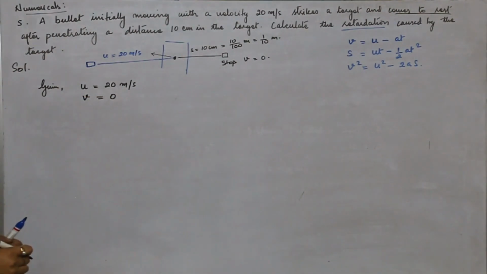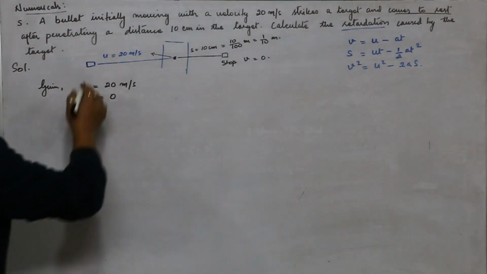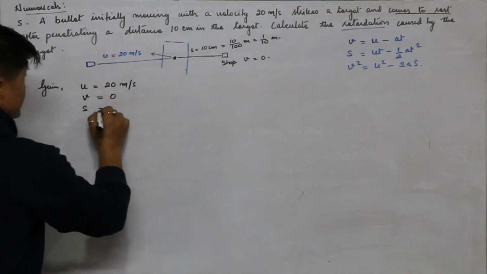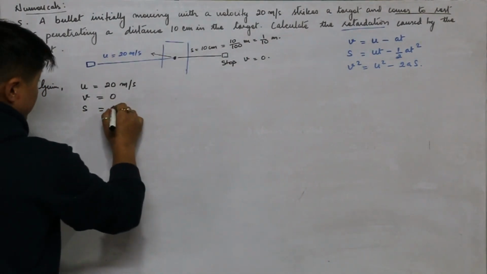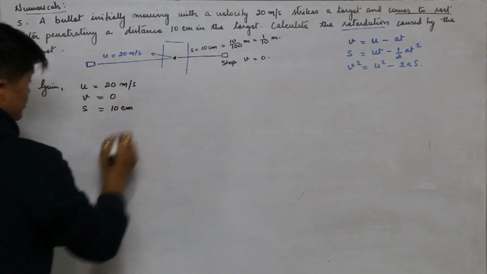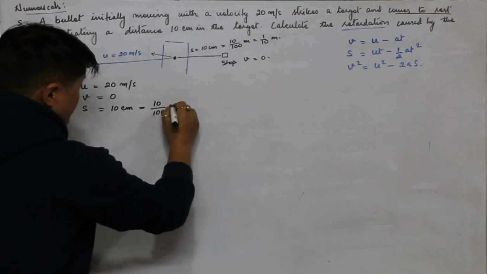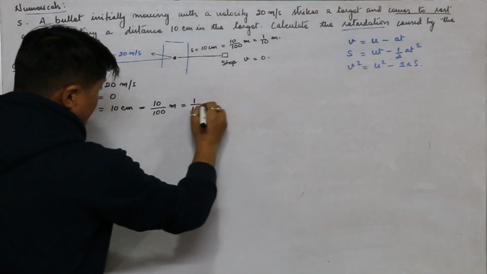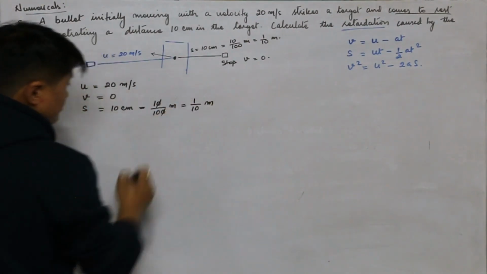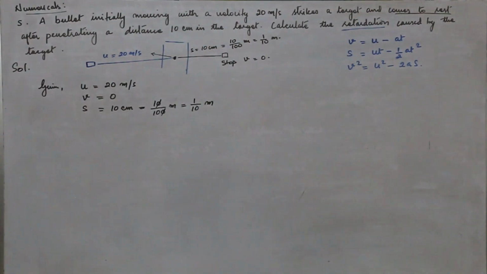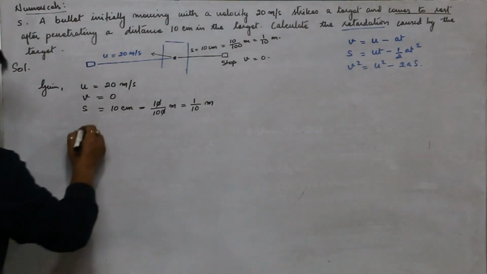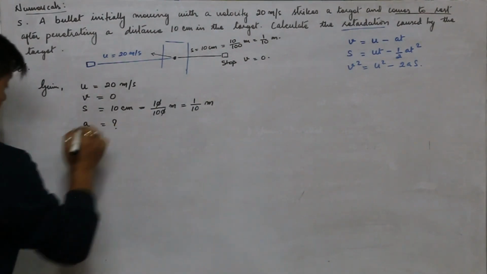0 meter per second, and it is penetrating a distance S given how much? 10 centimeter. This has to be converted into meter, that is 10 divided by 100 meter is equal to 1 by 10 meter. Okay, and we have to find the retardation. A is equal to how much?